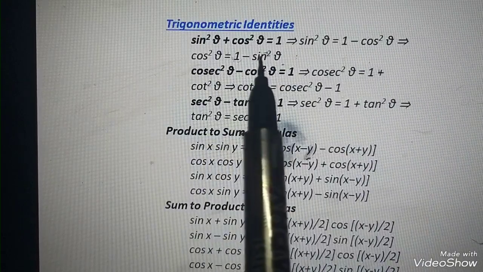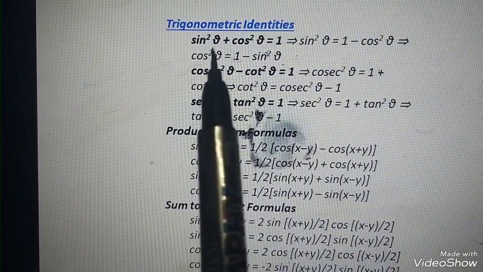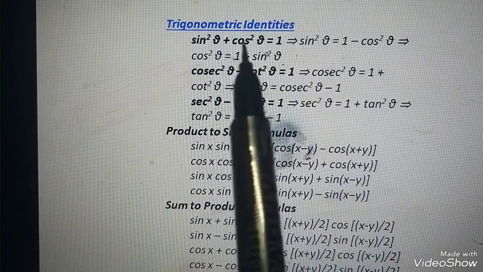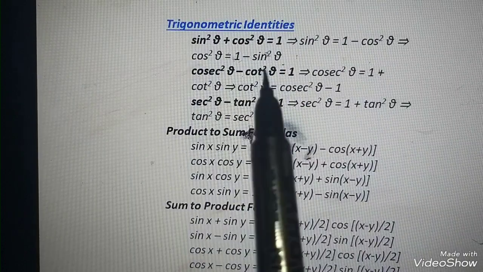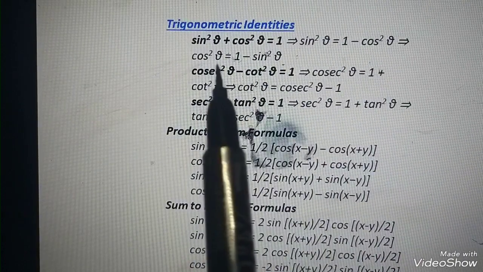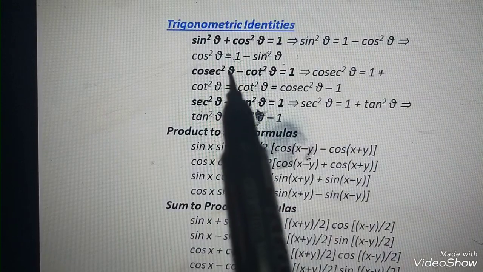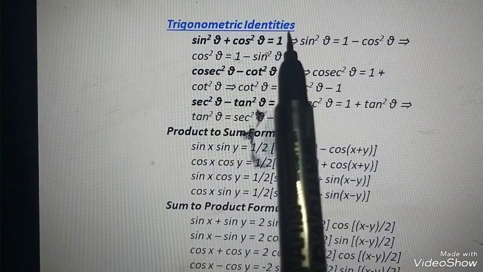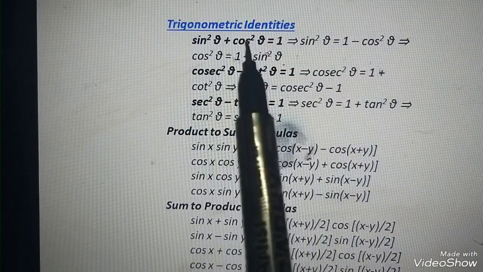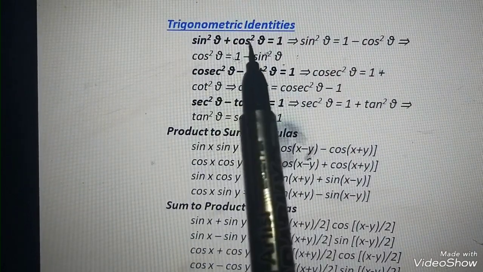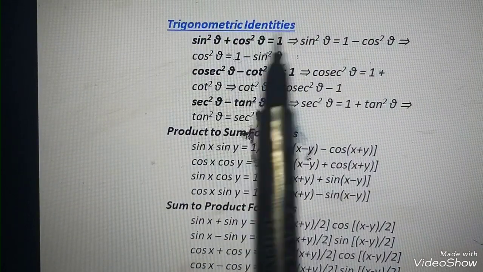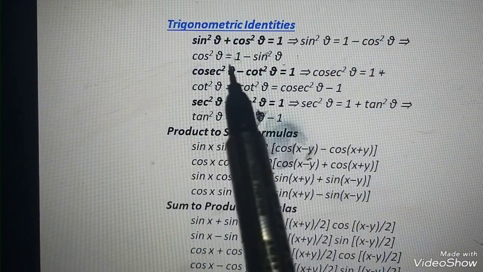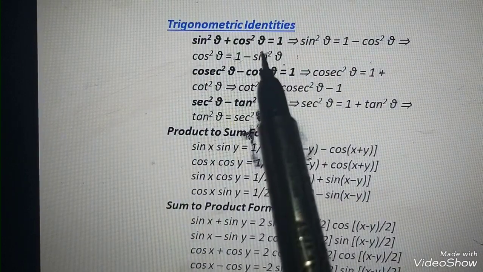These are identities. We have to remember these for using in problems. Sin square theta plus cos square theta is equal to 1. Always we have to use this. If you get this perfectly, then you can use this formula in many ways.